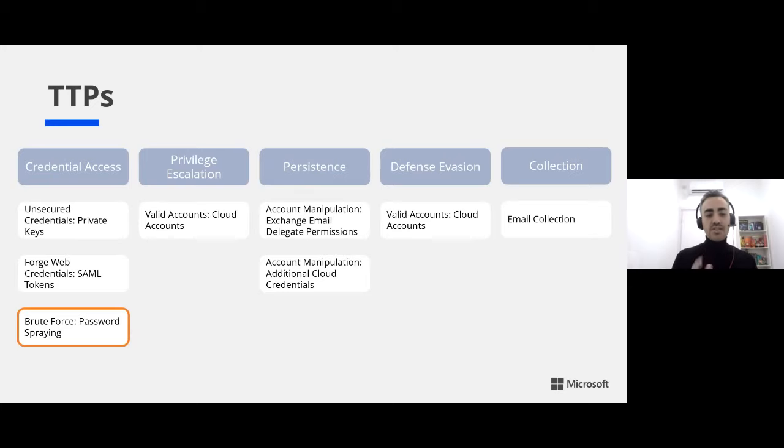I'm going to show an example of how UEBA can be beneficial for one of those techniques, but you should keep in mind that what I'm going to show you can be easily adapted to almost each of those techniques. So UEBA can really give you great value to detect most of those steps that the attackers do on the on-premise and cloud environments.